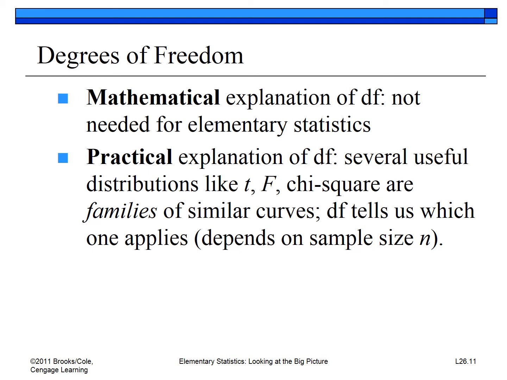The shape of the distribution actually is determined by the sample size or by some other number associated with the situation at hand. So each of these has a number of degrees of freedom associated with it. For t, the number of degrees of freedom is 1 less than the sample size.